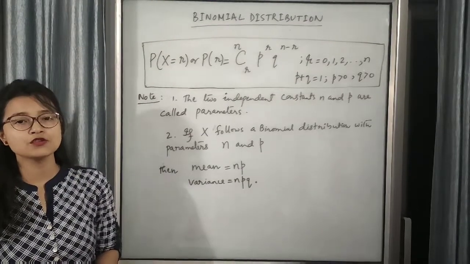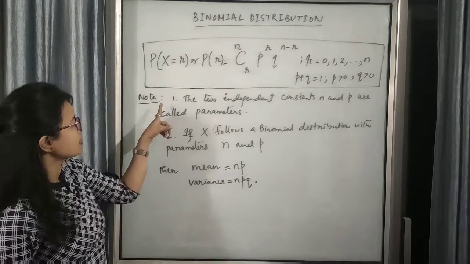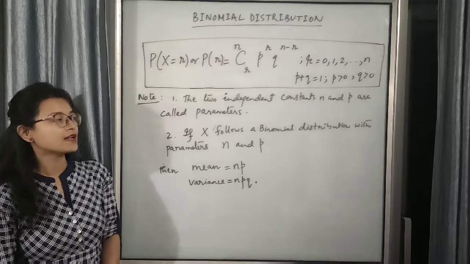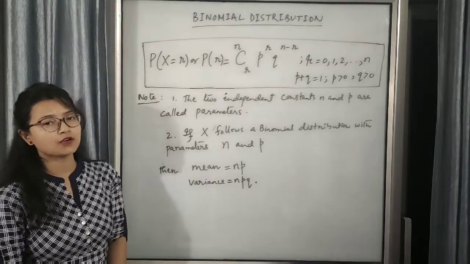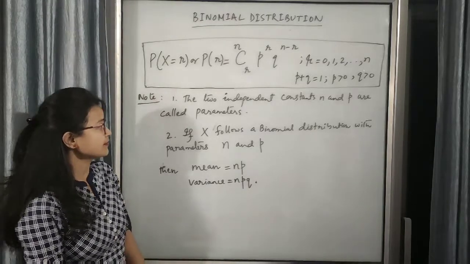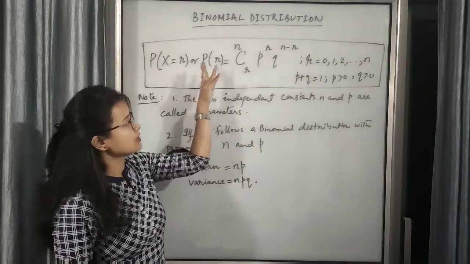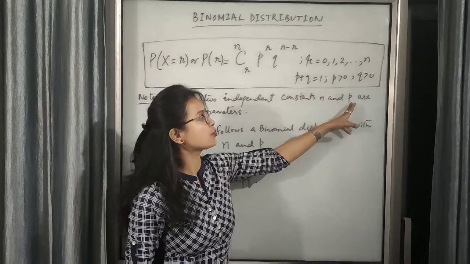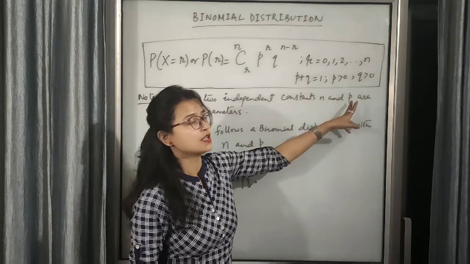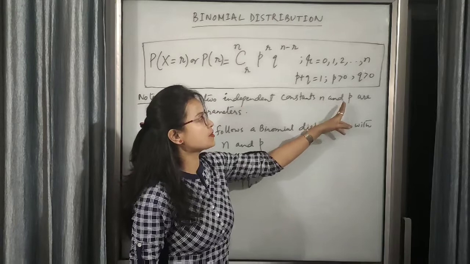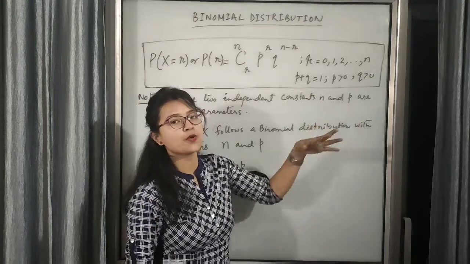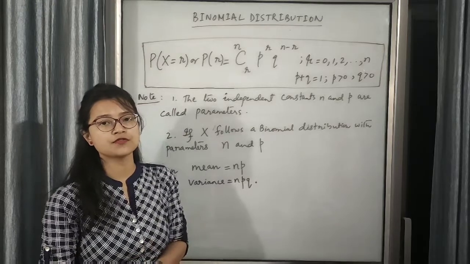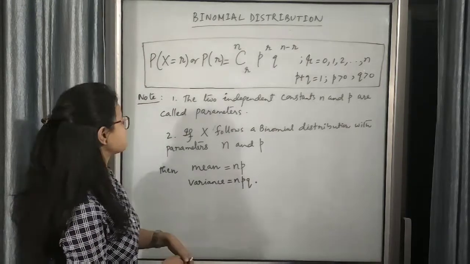Here, we must note the following 2 points. Number 1, the two independent constants n and p are called parameters of the distribution because the whole distribution depends on the number of trials and the probability of success. Because when the number of trials and probability of success are known, we can easily evaluate the probability of obtaining r successes out of n trials.